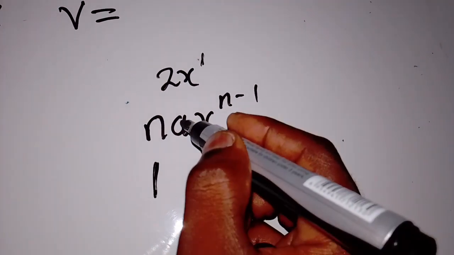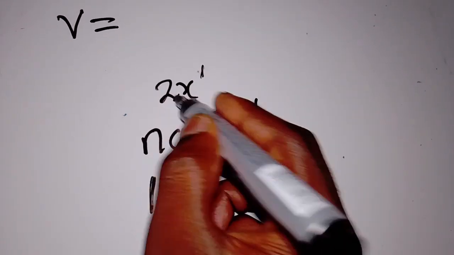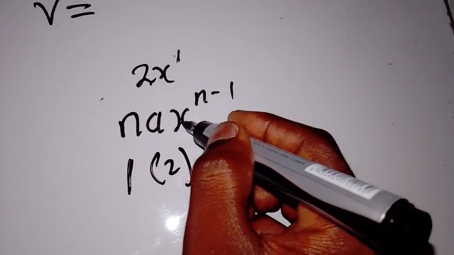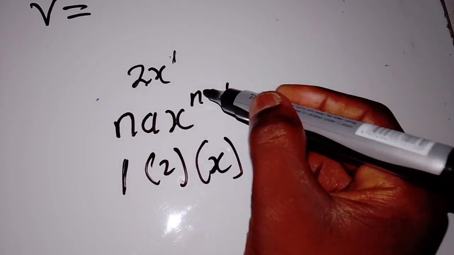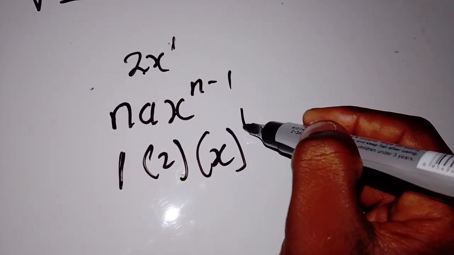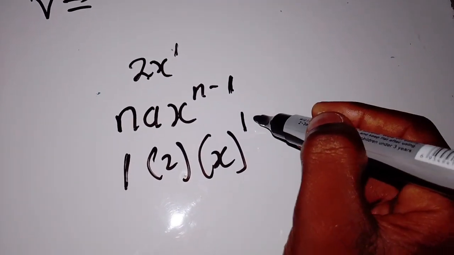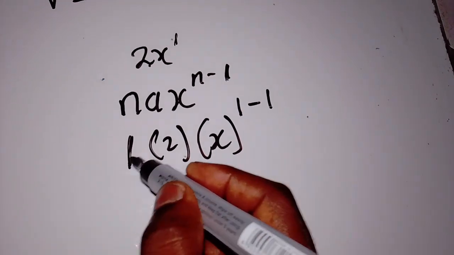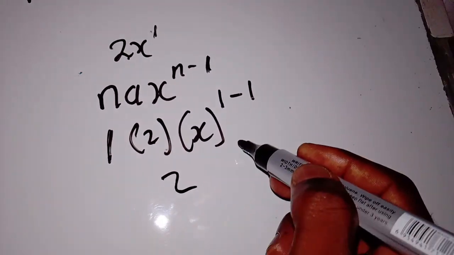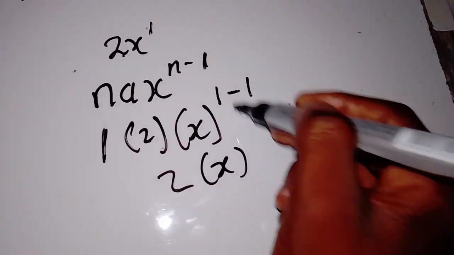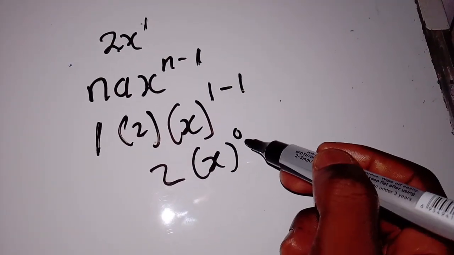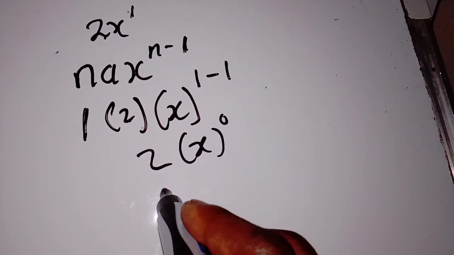So a is the first number, which is 2 there, and then x is just x, in case you don't know. n is the power, which is 1, and then minus 1 gives 0. So 1 times 2 is 2, and then x to the power 0. Anything to the power 0 is just 1.